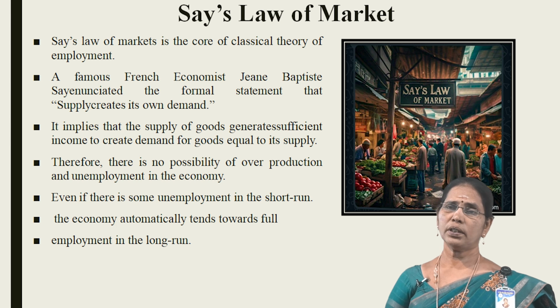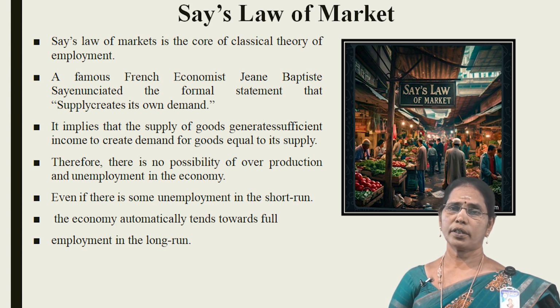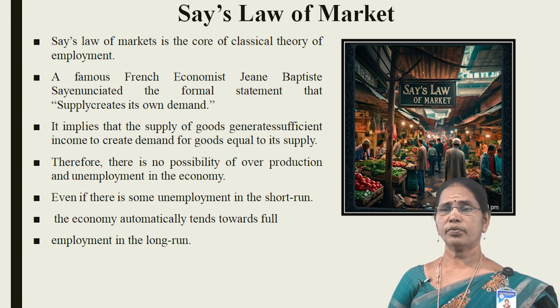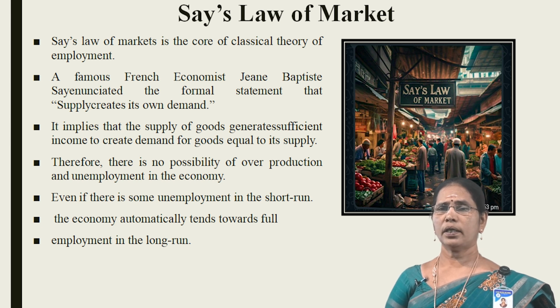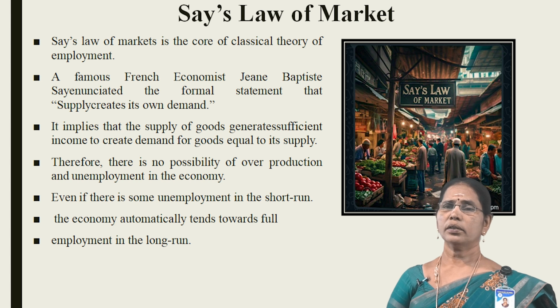Here we have to see Say's law of market. Say's law of markets is the core of the classical theory of employment. A famous French economist, J.B. Say, enunciated the formal statement that supply creates its own demand. This is the basic principle of Say's law.